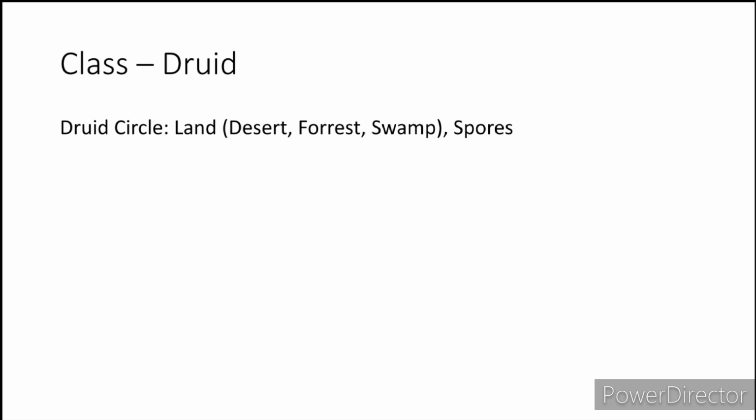So the most common Druid circles I can see are going to be your Circle of the Land, following mostly the desert, forest, or swamp terrains. And also the Circle of Spores, going off of those Golgari agents in Ravnica, but also Tarkir, since the Spore Druid is the necromancy Druid.